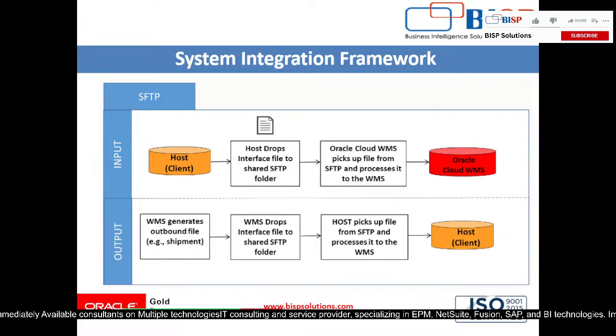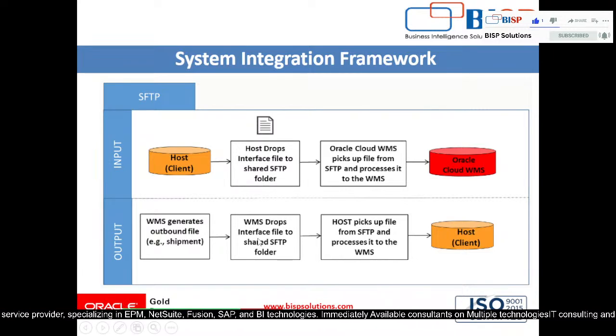Now in the second phase, we are going to perform the output system integration in the WMS cloud. So in the output, the WMS cloud will generate the outbound file, for example, shipment and receiving, right?